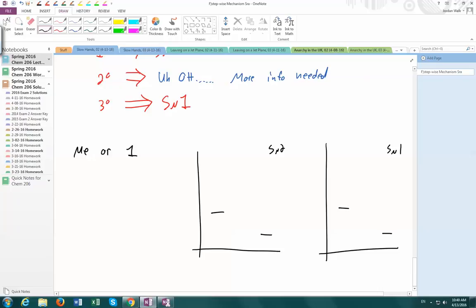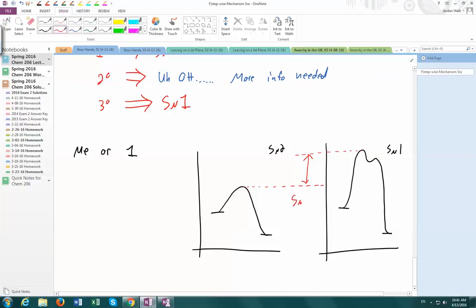And so in an SN2 reaction, basically, we're going to have a relatively fast reaction, but when we have a methyl or a primary, we're going to find that our SN1 reaction is much higher in energy. And so we compare these two things. We compare the activation energy. And so which is lower, the activation energy for the SN2 or the SN1?